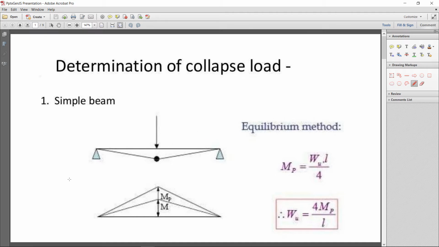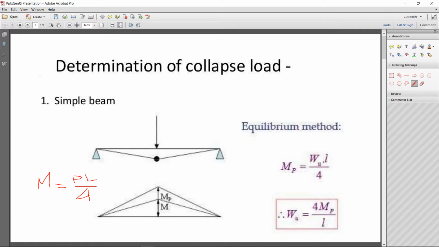Here, then the maximum moment is P L by 4. Okay, P is the applied load. So in this equation, M is equated to the plastic moment.